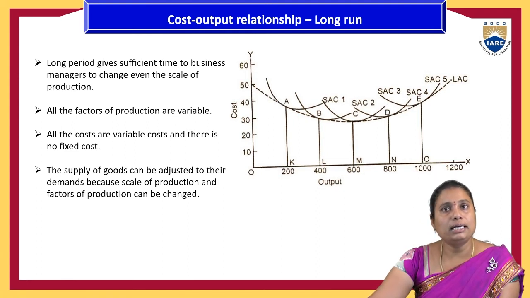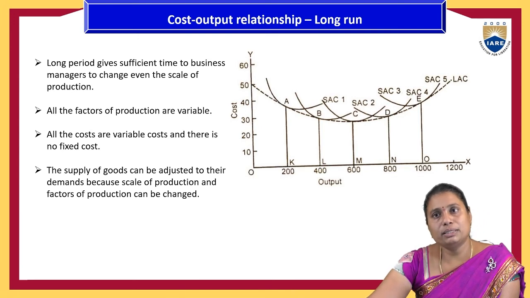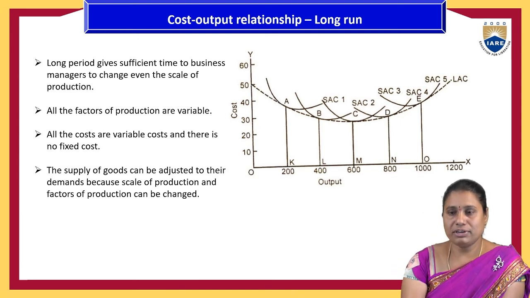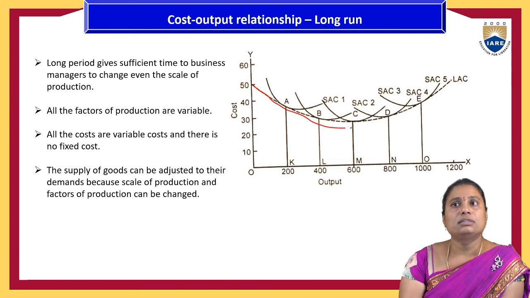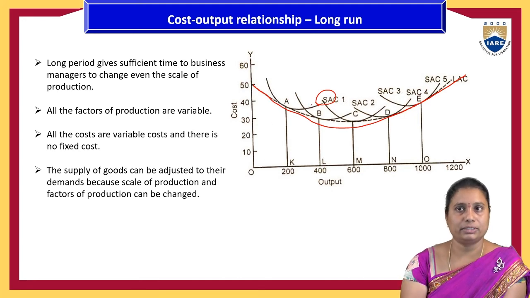The long term period gives sufficient time to business managers to change even the scale of production as per the demand prevailing in the market. So this graphical representation gives the total changes in the variable cost as well as the fixed cost, with the short term average cost and its impact on the long term elements of the cost output relation.